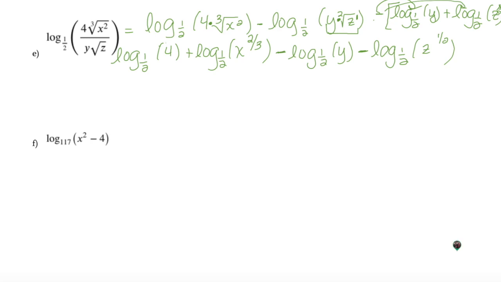I have some powers that I can bring out front, which is why we turned those radicals into exponents. But I also have log base half of 4, which could actually turn into a number. 1/2 to what power will give me positive 4?